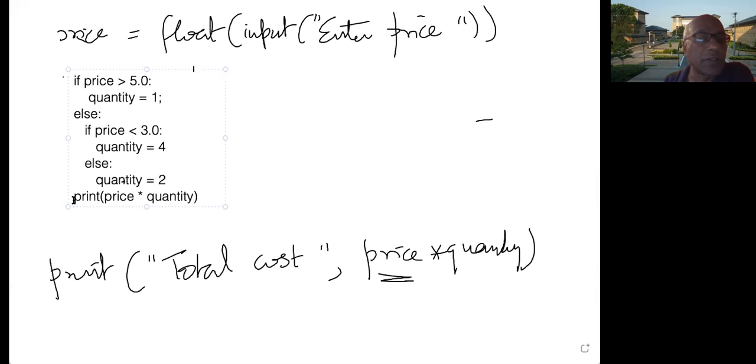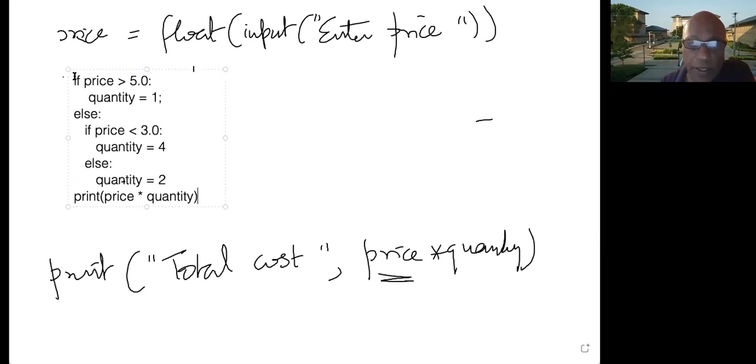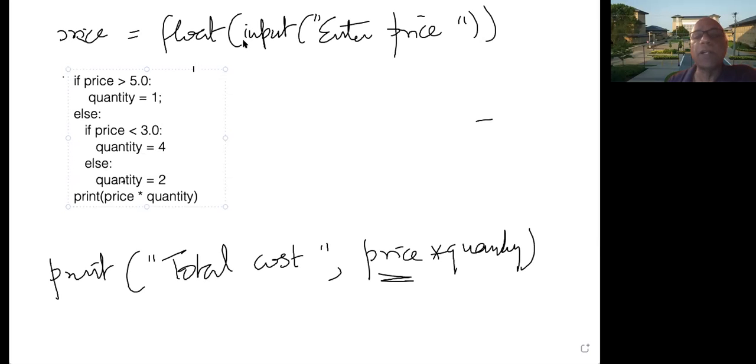Any questions? Yeah, I'm sorry. So you said total cost times the price. I just want to understand this again. Where are you having questions? From the beginning. Okay, we are reading the price of milk here.